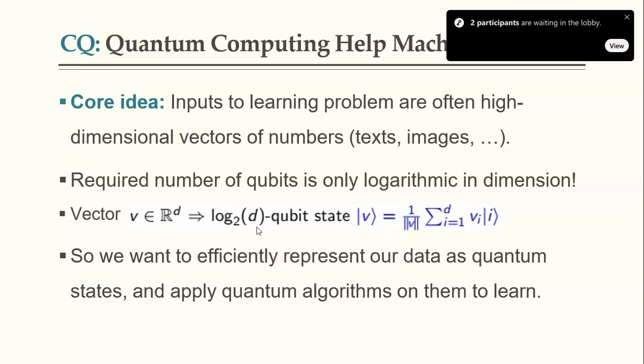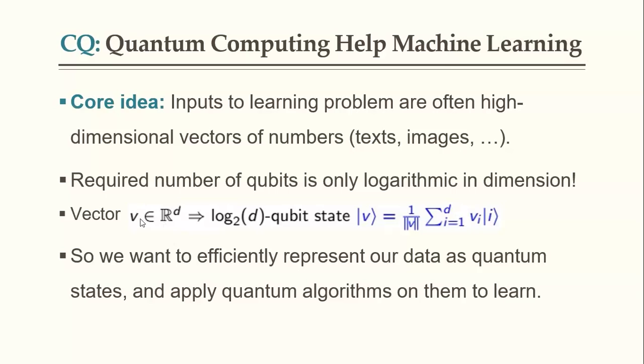This maps a vector in d dimensional real space to a quantum state in a log base 2 d qubit state. This is a common technique in quantum machine learning, so I am explaining this equation in detail.